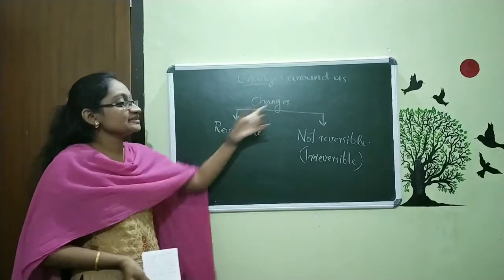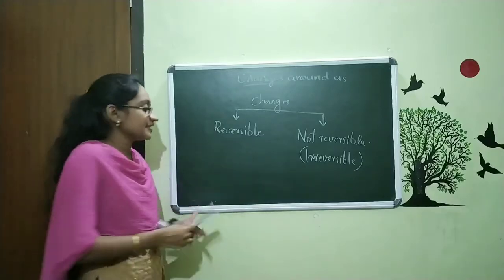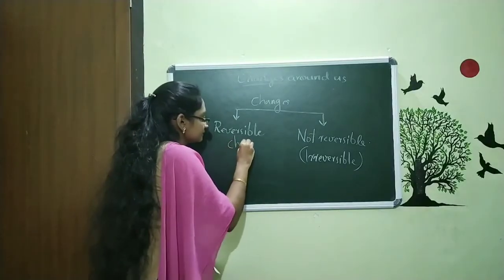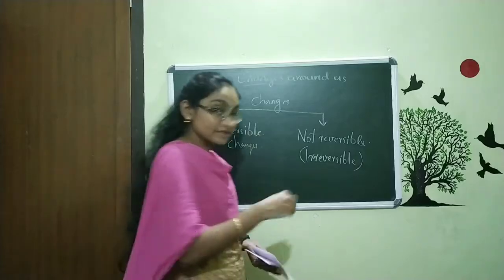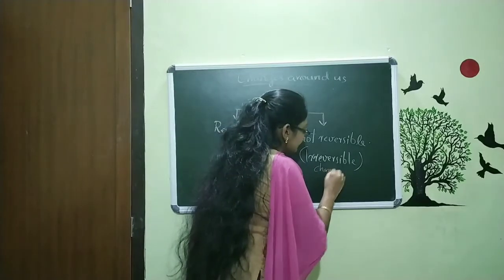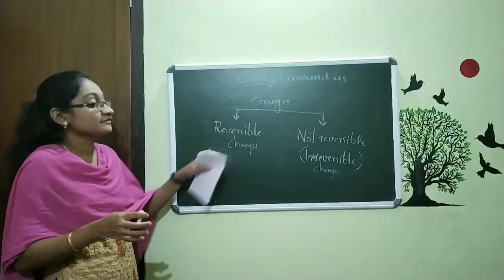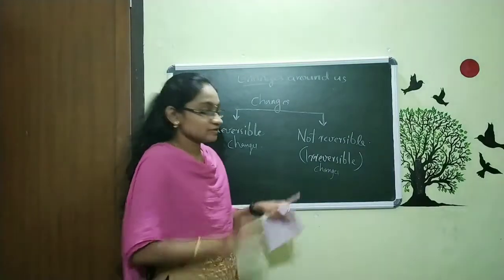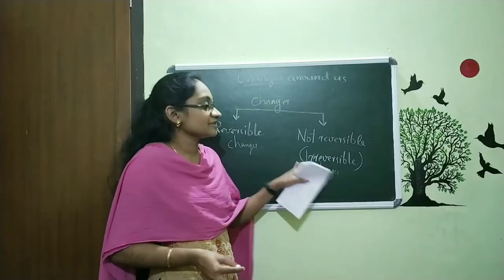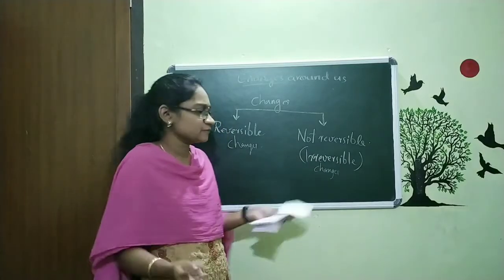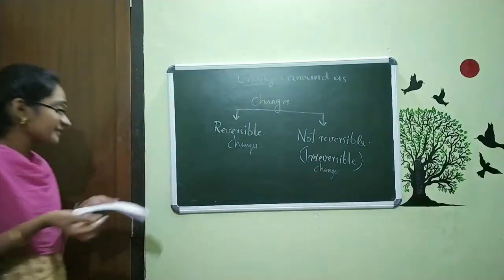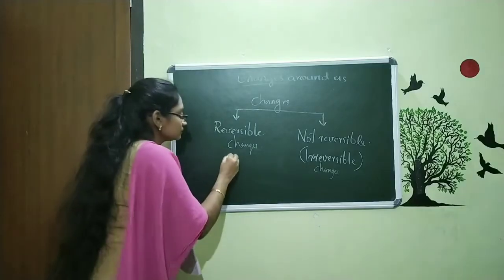So we can say the changes are of two types, reversible changes and irreversible changes. The changes which are possible to reverse are called reversible changes, and the changes which are not possible to reverse are called irreversible changes. We studied different examples for this.